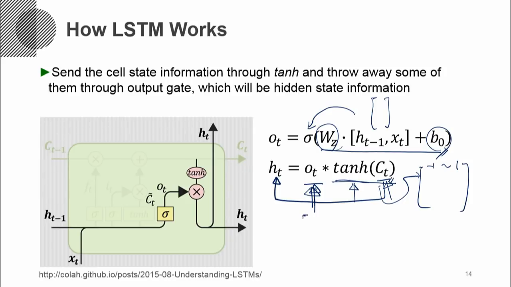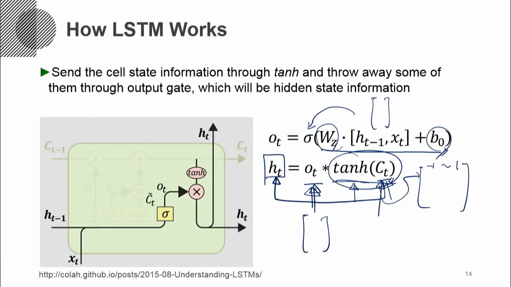This 0 to 1 vector is multiplied element-wise with this information, so it can hide some information in the cell information to generate the current hidden state vector.